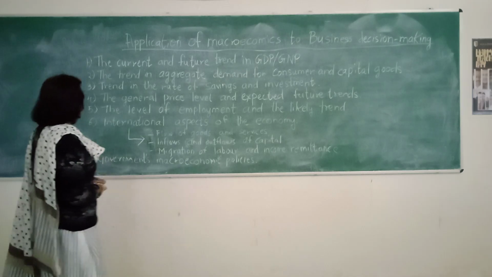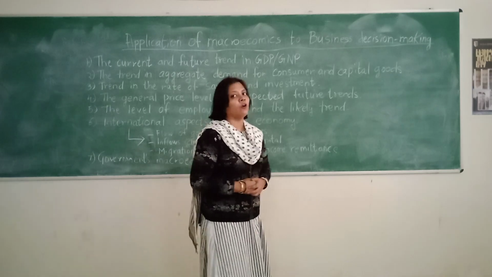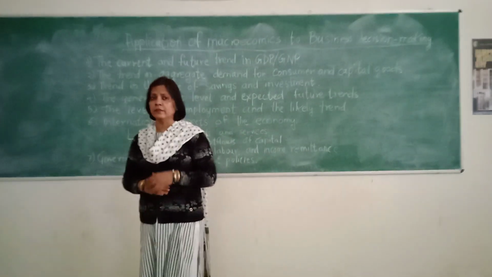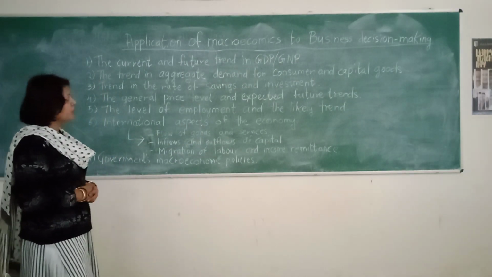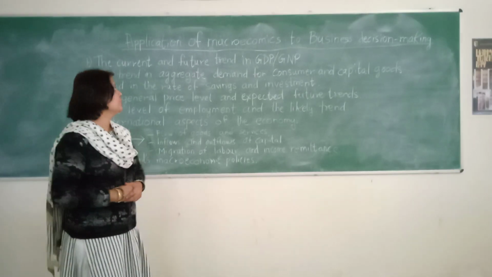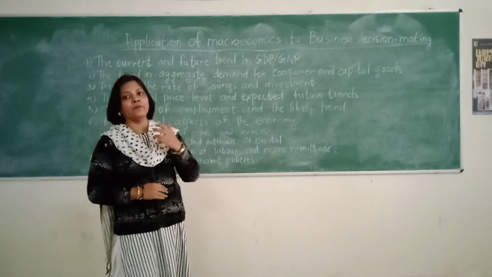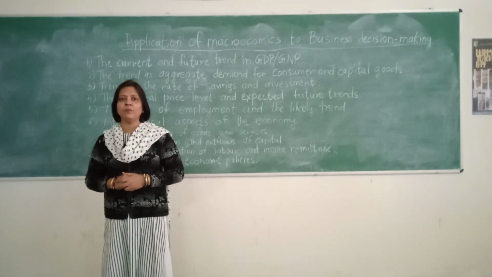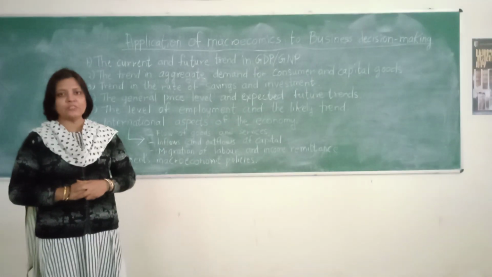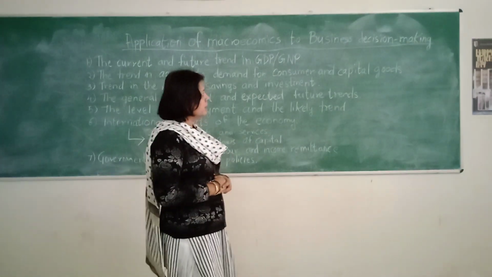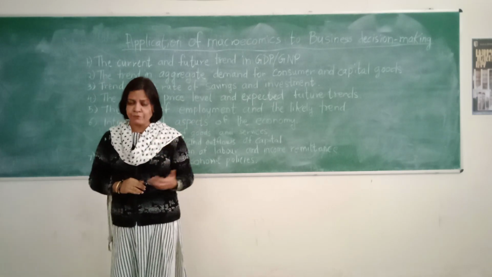Then secondly, the trend in aggregate demand for consumer and capital goods is also a great guideline for business managers to decide about their business decisions, because when the aggregate demand for consumer and capital goods rises, it again means that the economy is in a positive mode, while a lower demand for consumer goods and capital goods will show that the economy is refusing to revive.